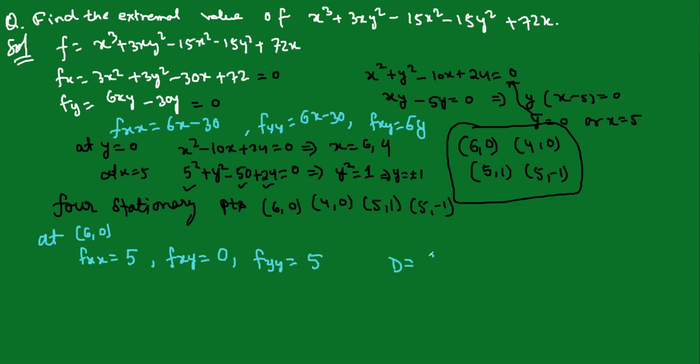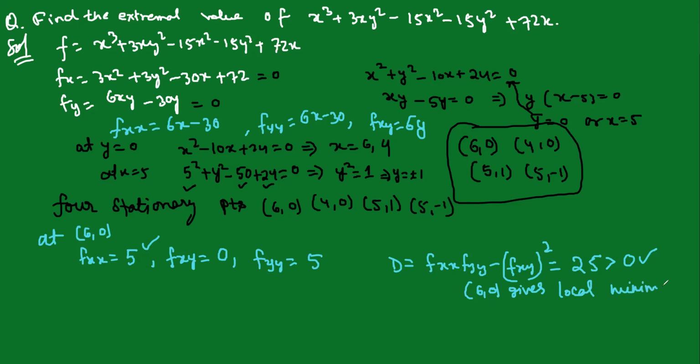D will be 36. Both are positive, right? So (6, 0) gives a local minimum. Now check for the other points.